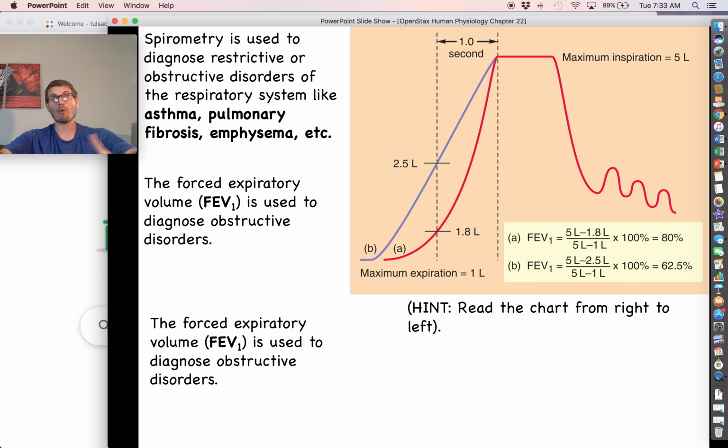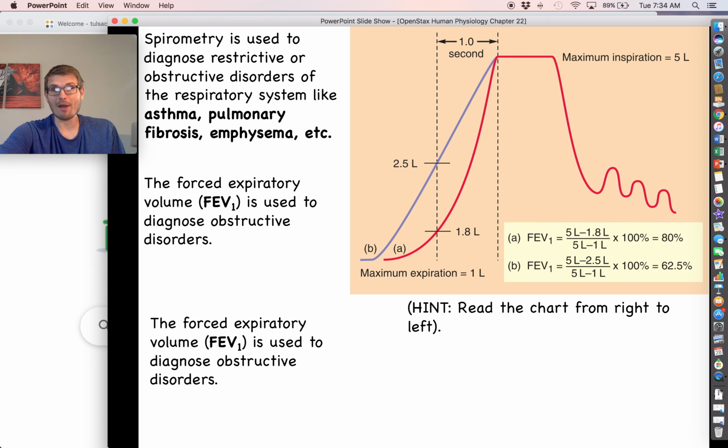So again, now we're going to the expiratory reserve volume. We've already seen how this works in the previous graph, but here is what we're keeping track of. What we're looking for here is not necessarily how much volume you can push out total. We're looking at how quickly you can push it out.